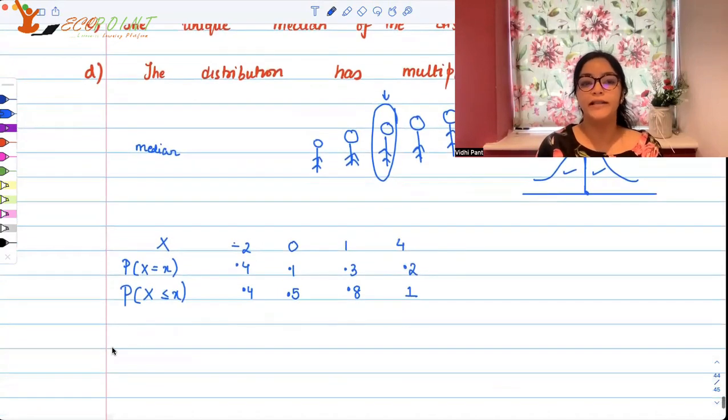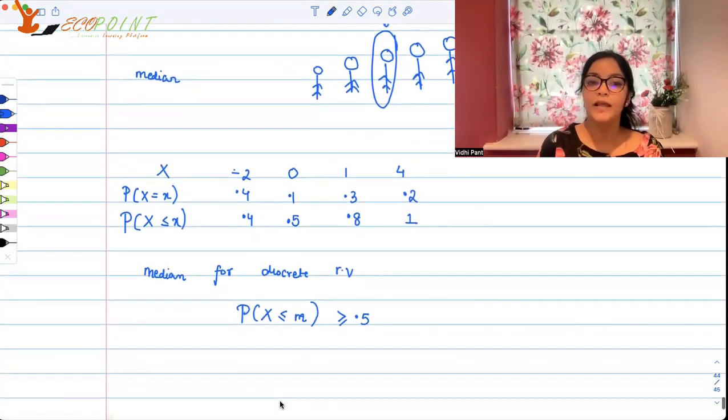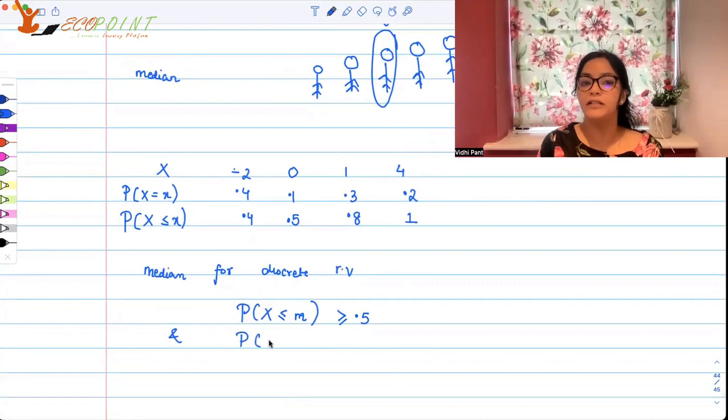Now, how do you define median? So median for a discrete random variable is that value of x where the probability till that x is more than or equal to 50%, and the probability greater than or equal to that particular x is also more than or equal to 50%.